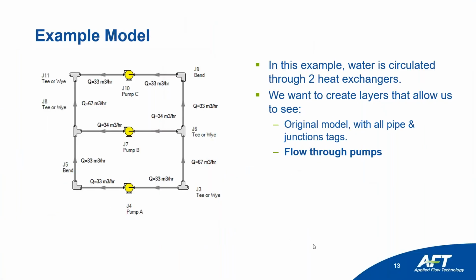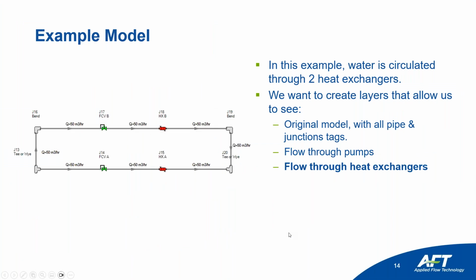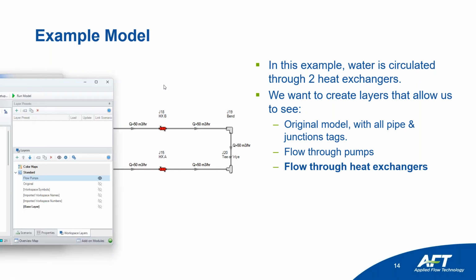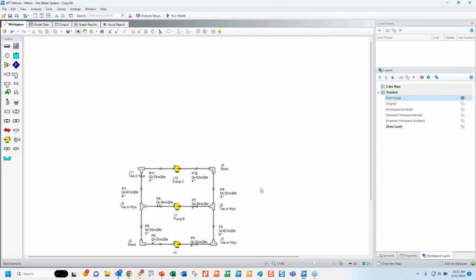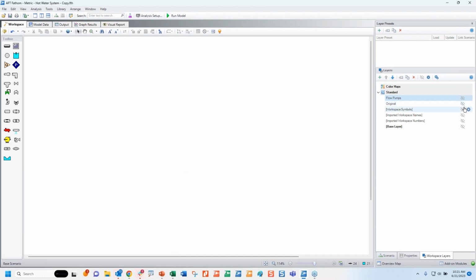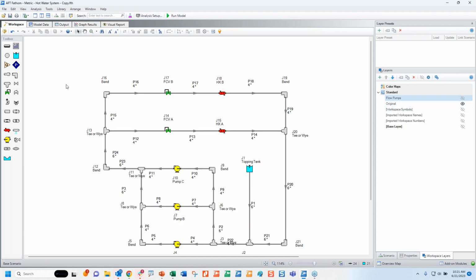What else? We want to create another one that says flows through heat exchanger. Okay, so the same thing as a pump, but for heat exchangers. So now I turn off the flow through pumps. Nothing is shown. I go to original and I select what I want to show.